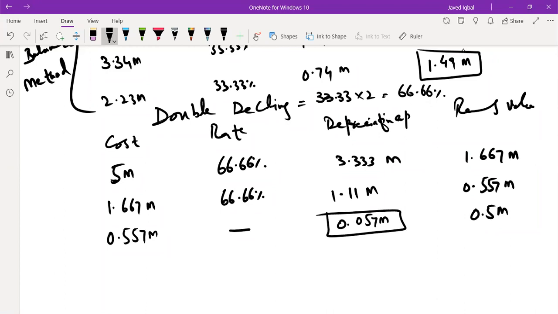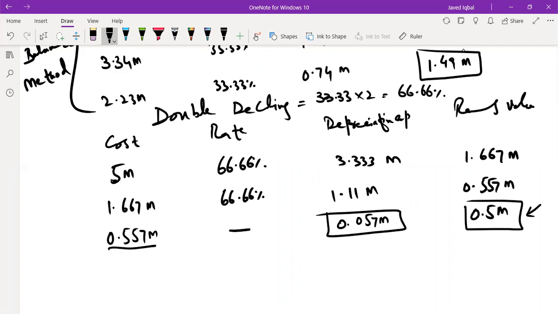You have remaining cost here, right? So you don't multiply it with your rate in the third year. You know that you'll have to find out this difference. You have to have an ending value of 0.5 million.